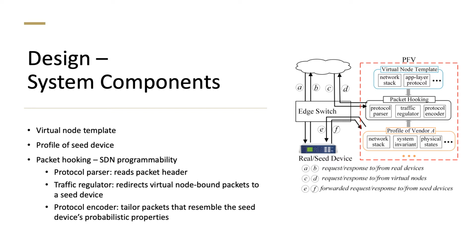And after that, we'll need some protocol encoder to simulate the behavior of a real node in the network. So we have these three that are helping us implement the entire solution.